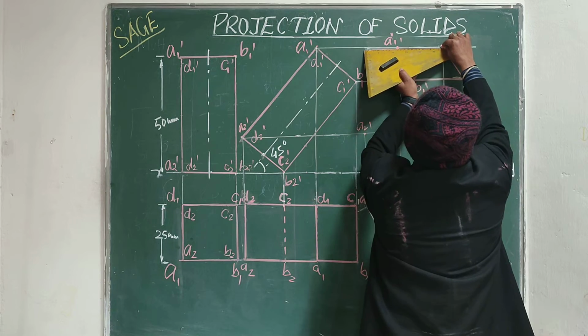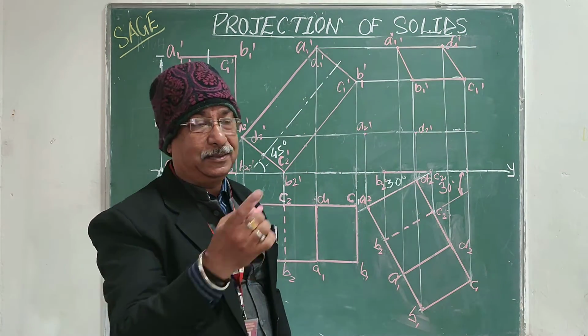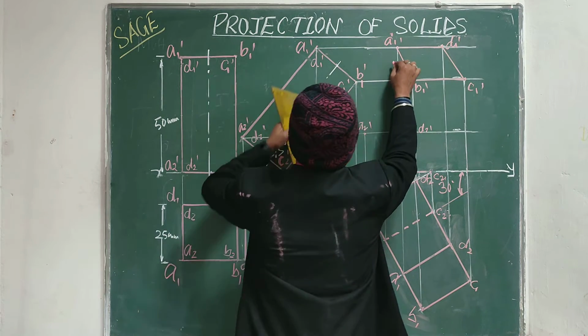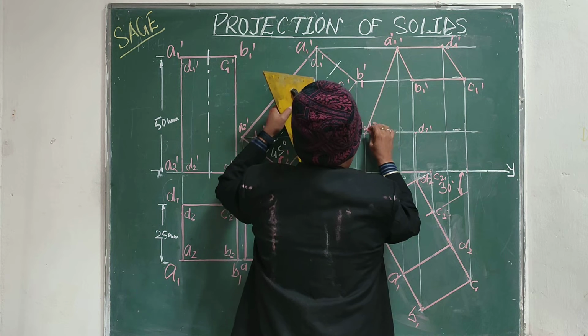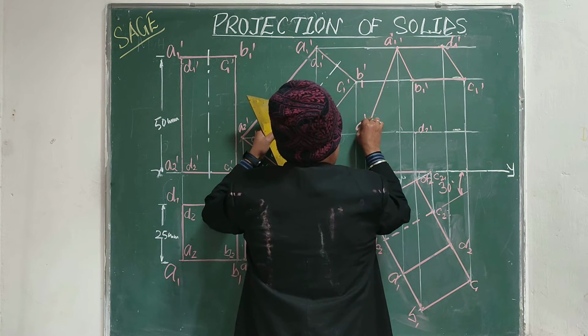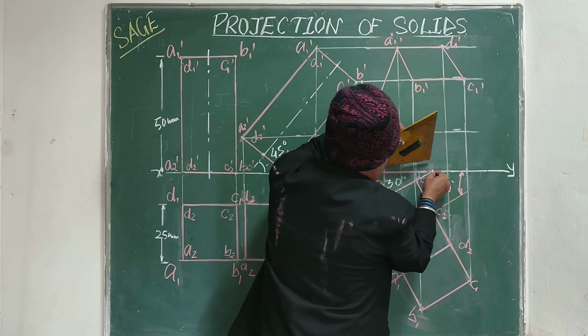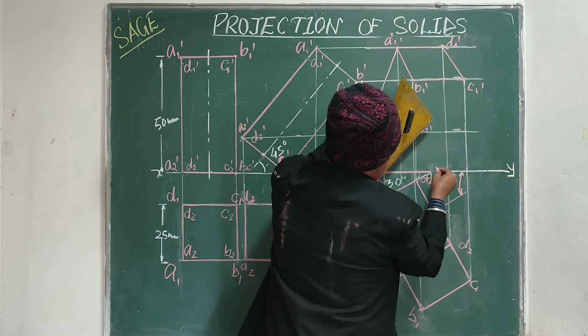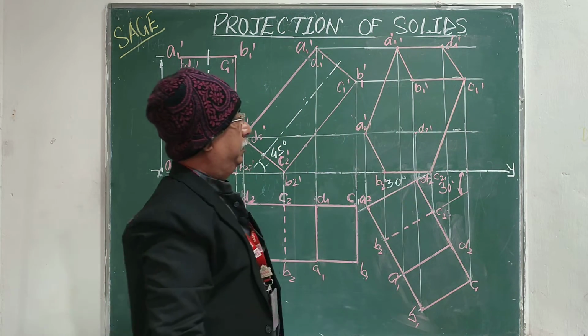So firstly join this visible base. Then the second step will be join the extreme part of the solid. So extreme boundary of the solid will be A1 dash to A2 dash, then A2 dash to B2 dash, then B2 dash to C2 dash and finally C2 dash to C1 dash. So this is the way.